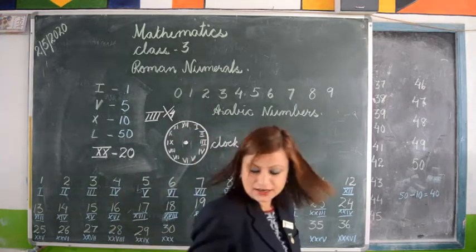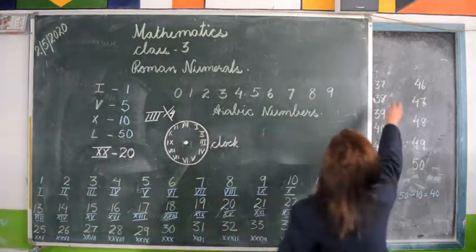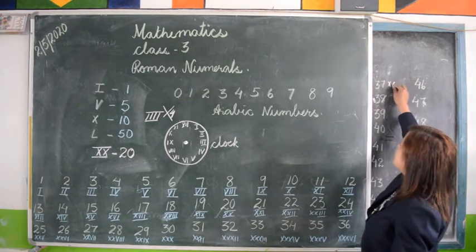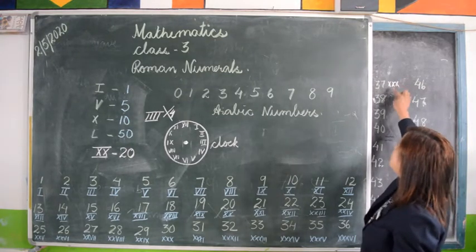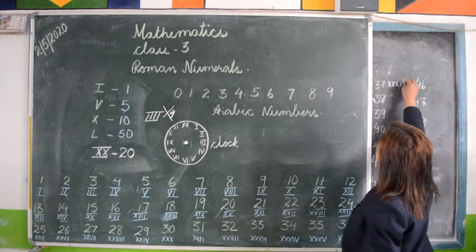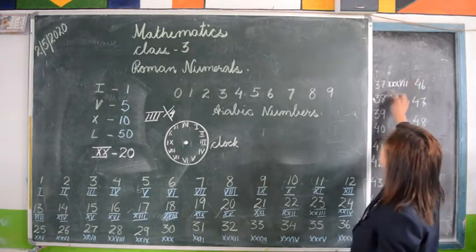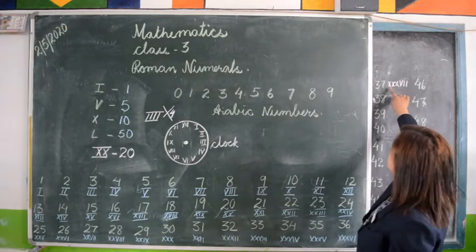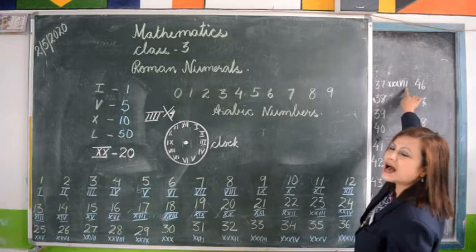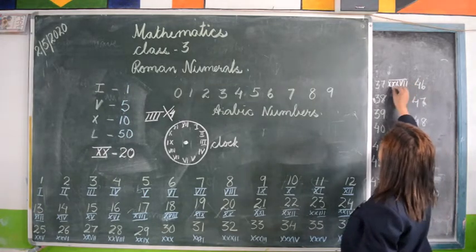See here children. When we make 37 here, X, X, X, that is 30, and V and 2 I's makes 37.